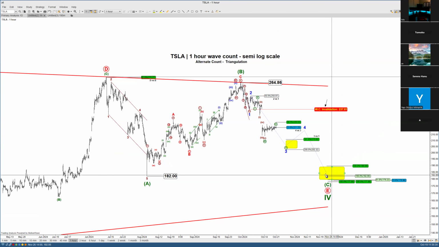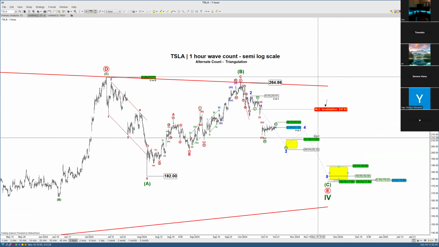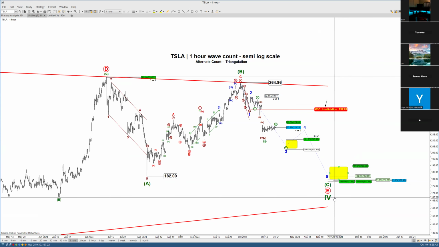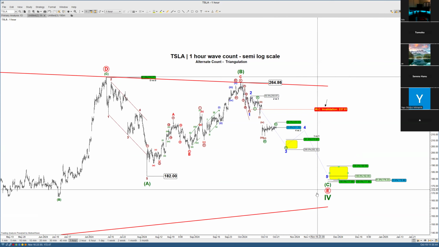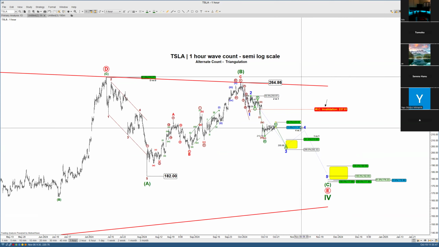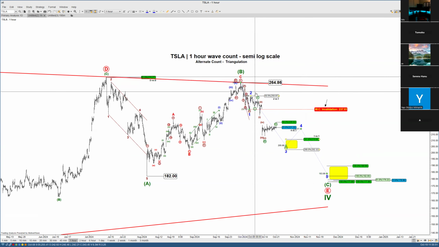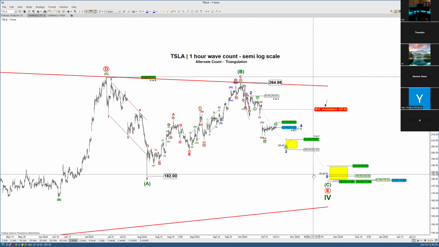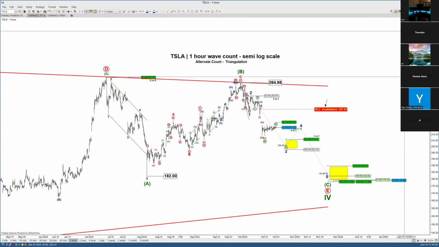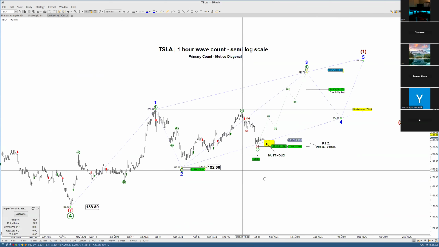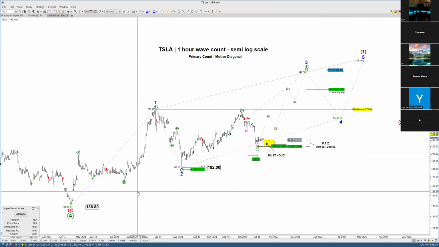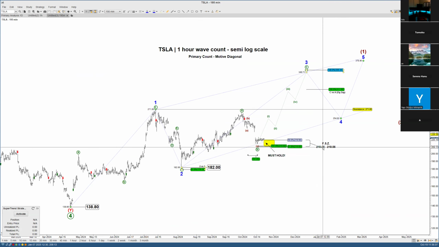So I really kind of hope that this happens. Seriously. And I'm going to give you a reason why. The reason I favor this one is we just get done with this, and then from there we just resume back up in 5. The only problem with this one, the diagonal takes forever to complete.